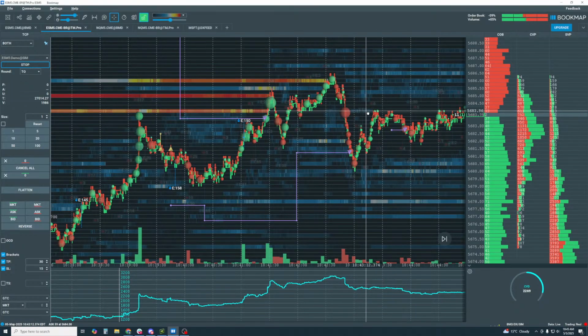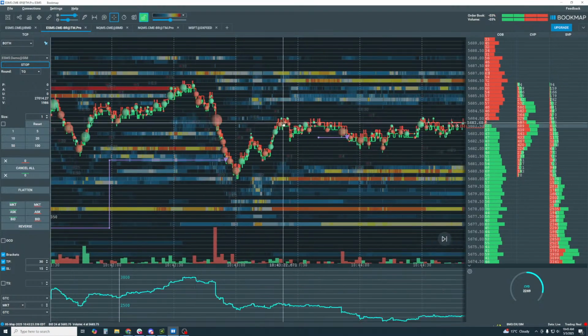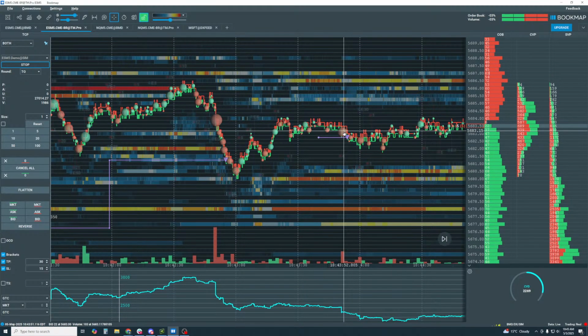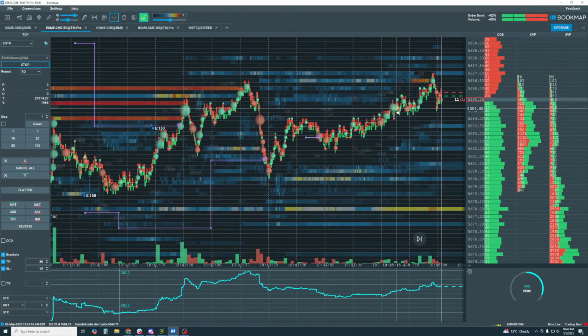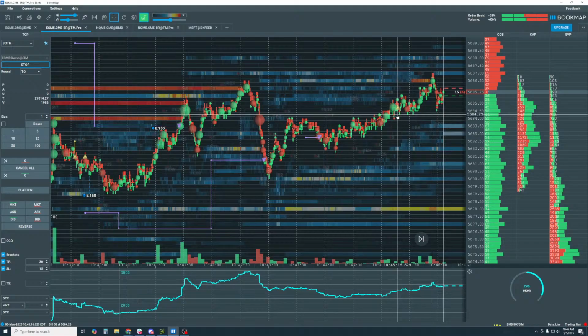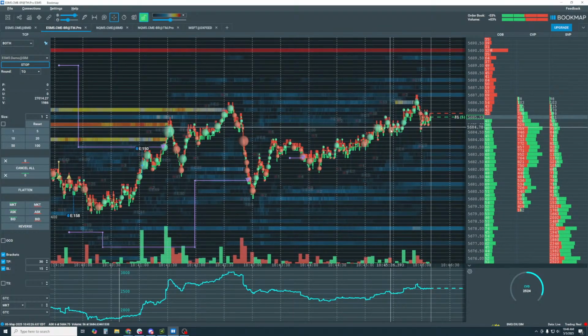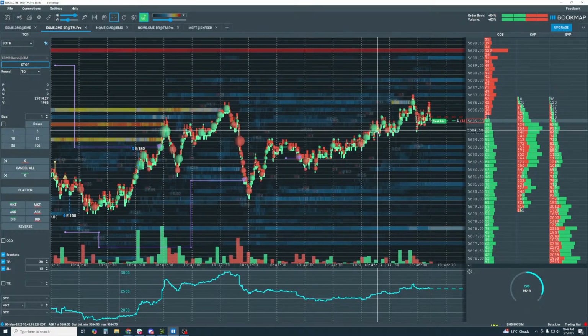It retraced back up to this big volume node here, and then we see a lack of buying in here, and we see our selling coming in. Okay, I'll take this again and again and again, and this is a good example of how we'll manage it. We're not looking for it to work out now. We're seeing buyers back up here again.